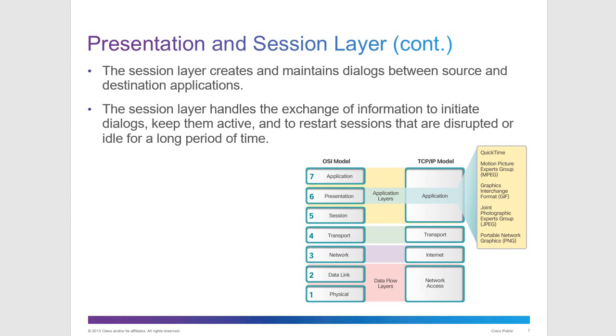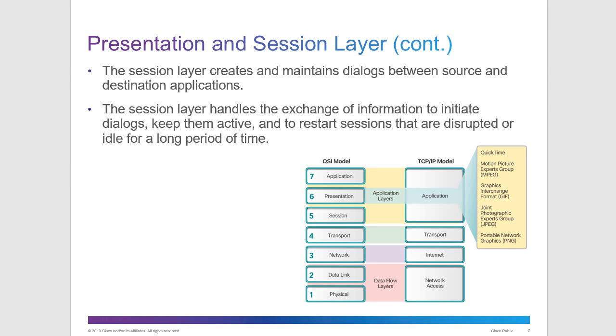So if in a test you are asked which layer is responsible for this, that, and the other, the session layer is responsible for keeping conversations active, restarting sessions, and initiating sessions. The transport layer really is just adding your port numbers on and getting the segment ready so that the session layer can receive it.